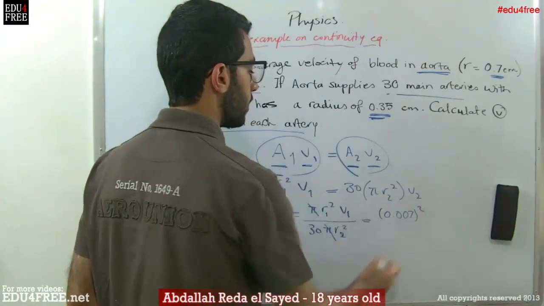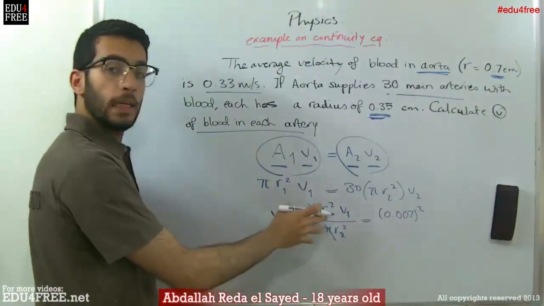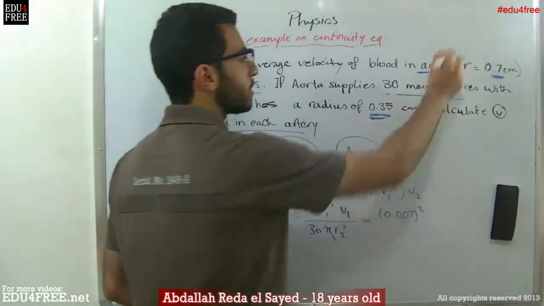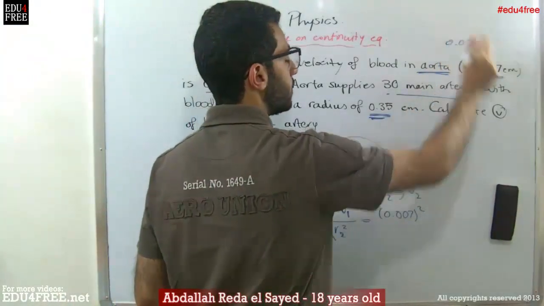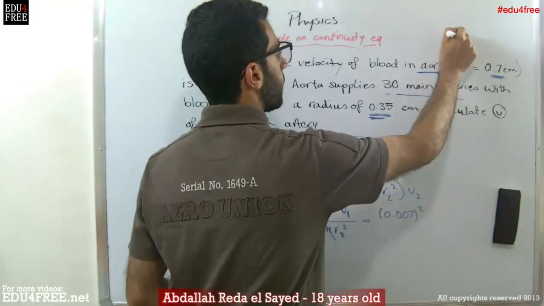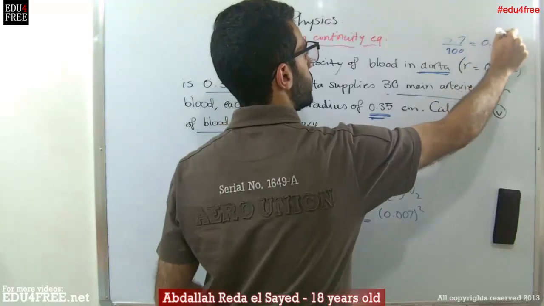0.007 squared, because this is in centimeters, and to plug it into the equation, we have to change the unit into meters. So 0.7 over 100 gives us 0.007.